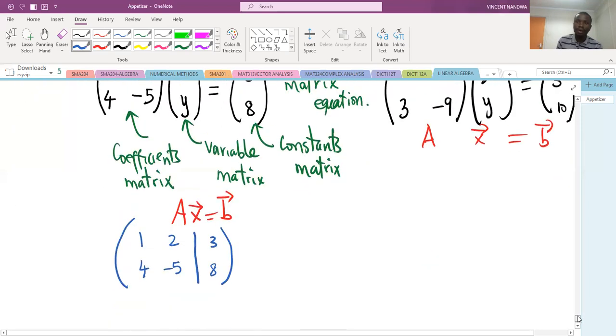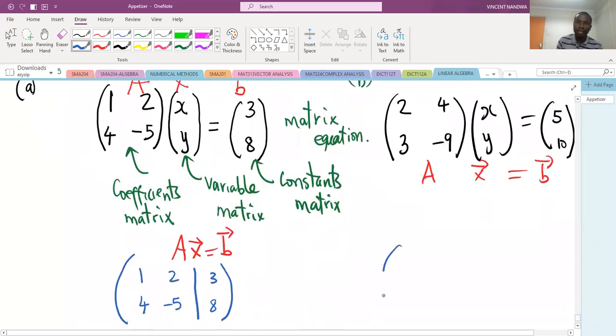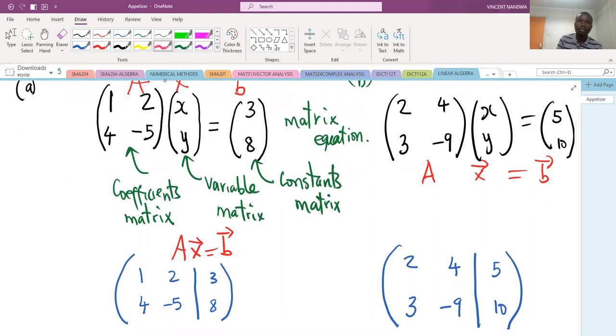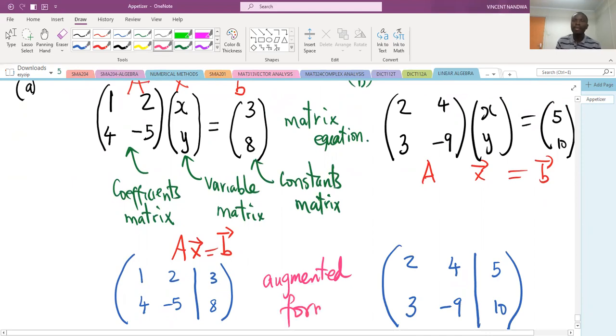And for this other one, you write in matrix notation 2, 3, 4, minus 9, vertical line, and then 5 and 10. So these structures from the systems A and B are what we call the augmented form.